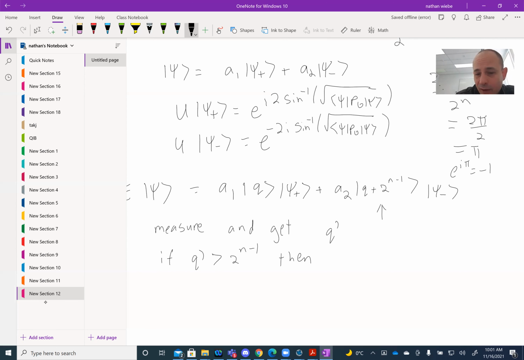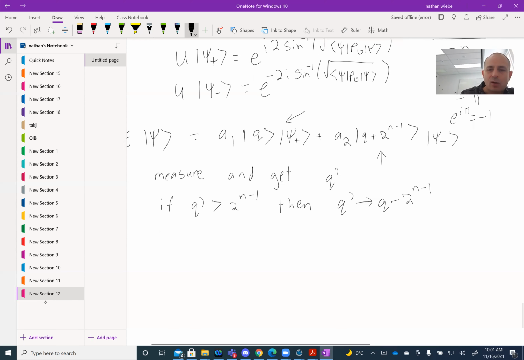And so then we're just going to subtract pi off of it. So q prime goes to q prime minus 2 to the n minus 1. And that will give us our corresponding value of q from this branch. Okay, so that's our first step.